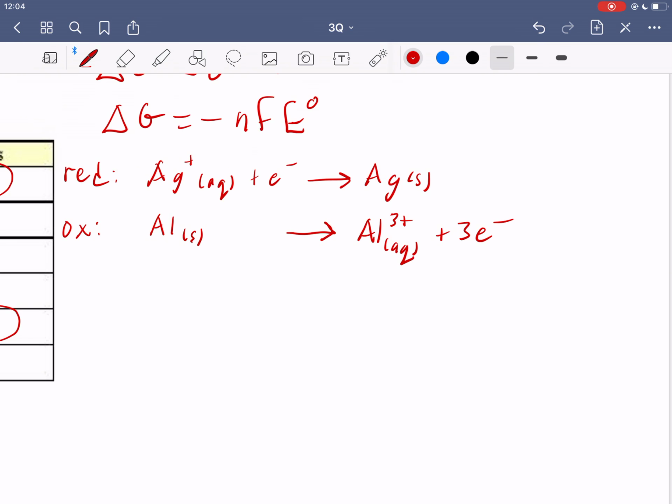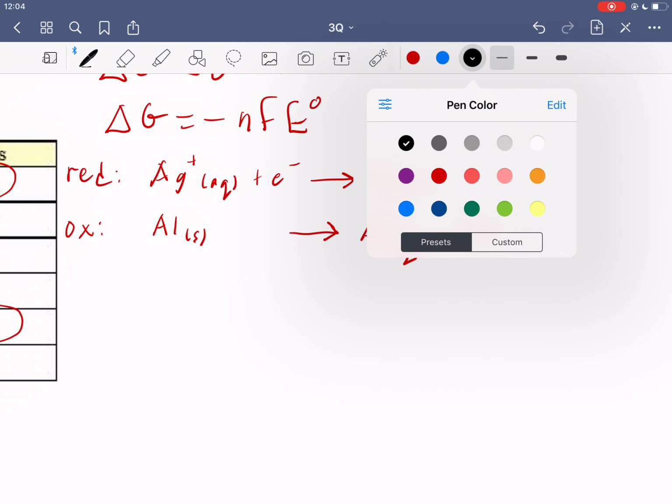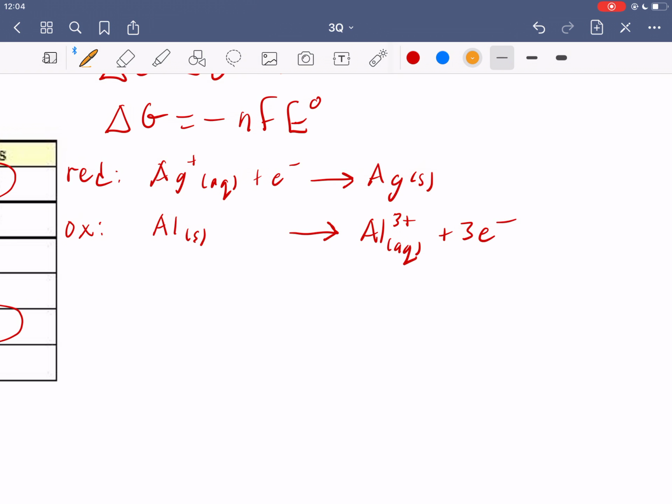Okay. My E naught, well, firstly I want to say that I have to balance the electrons. Notice how there's 1 electron over here and then 3 for the one on the lower side. If I were to add these half reactions, I would have it being imbalanced, so I can't add them the way that it currently is.